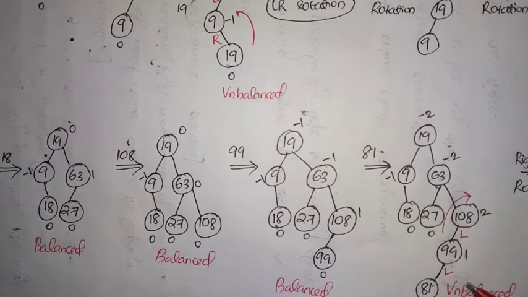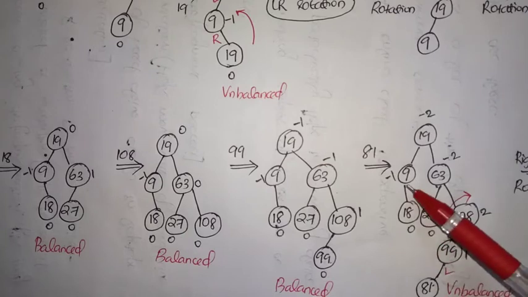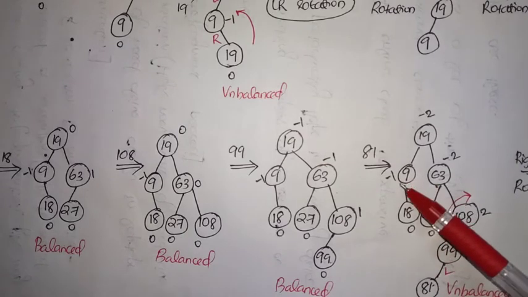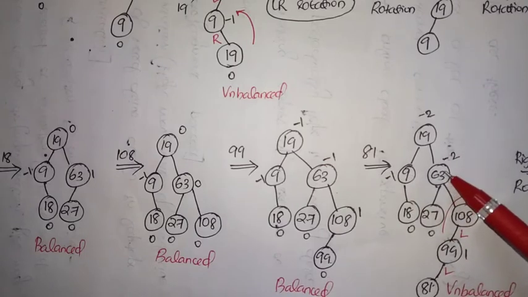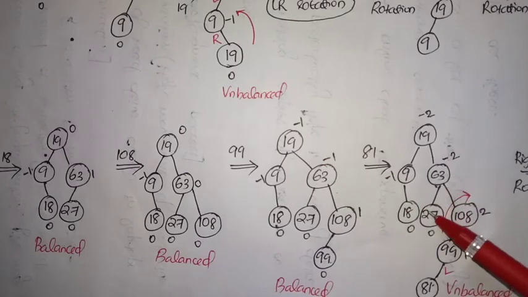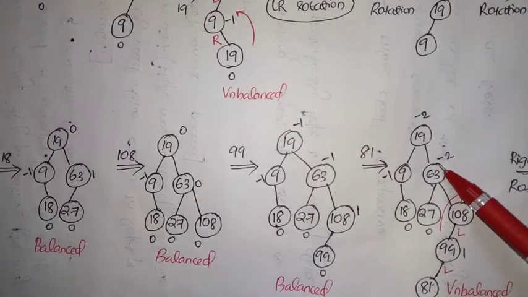Now let's again calculate the balancing factor. This is the leaf node, so balancing factor is 0. And in this case 1 minus 0, 1. These are leaf nodes, so balancing factor is 0. Here height of the left subtree 0 minus 1 is minus 1. In this case 1 minus 3, that is minus 2.